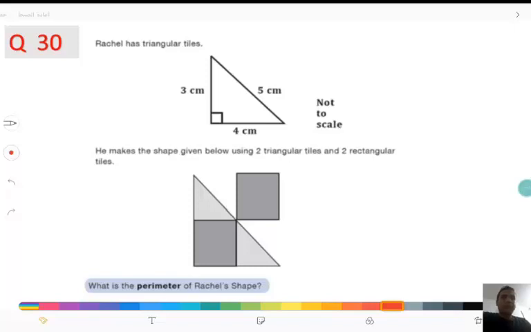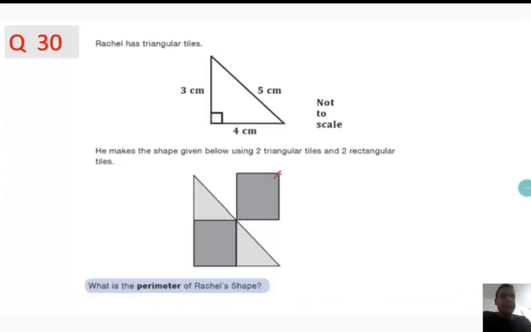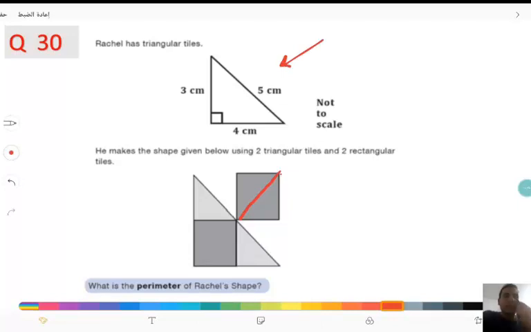Rachel has triangular tiles. Here are the dimensions of the triangle tiles. She makes the shape given below using 2 triangular tiles and 2 rectangular tiles. What is the perimeter of Rachel's shape? Notice here that the rectangular shape consists of 2 of the triangles above.